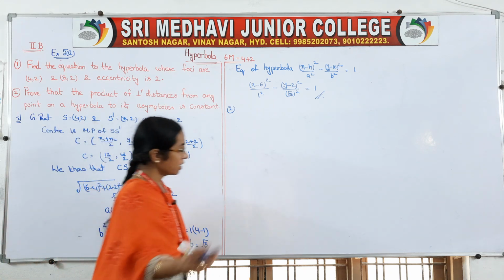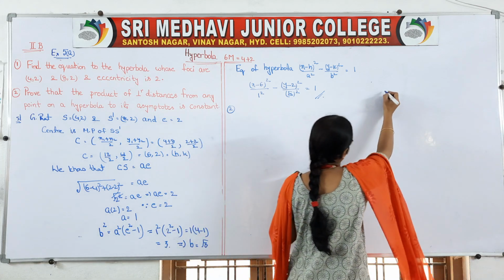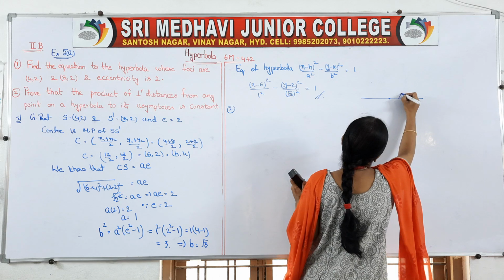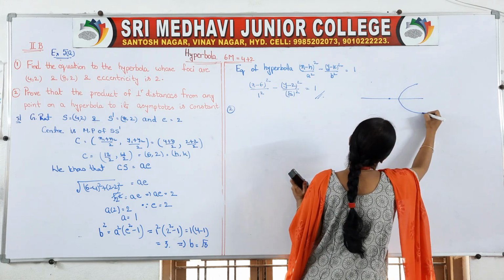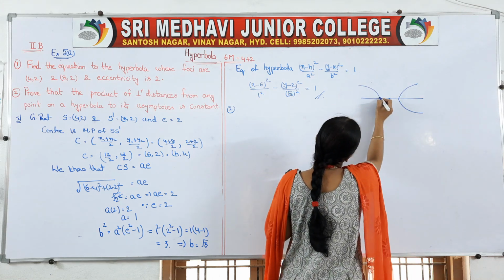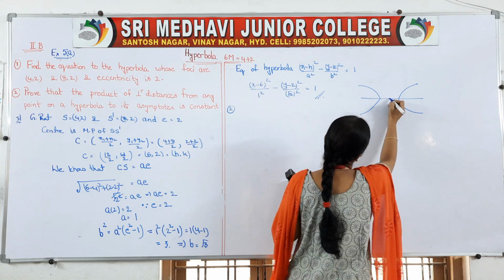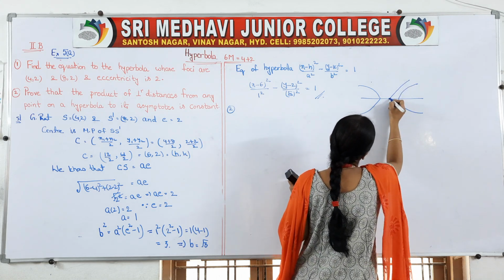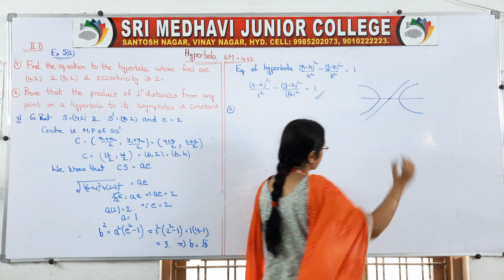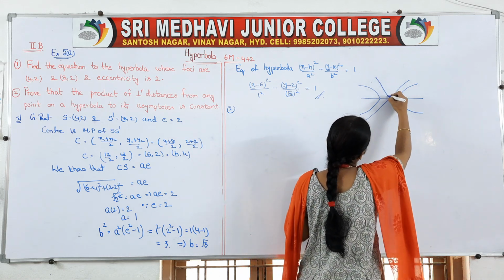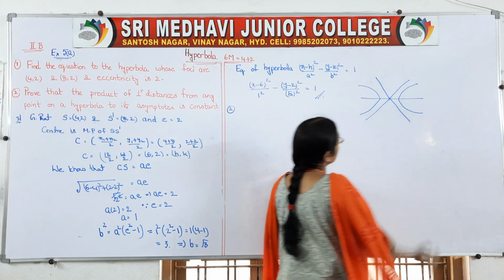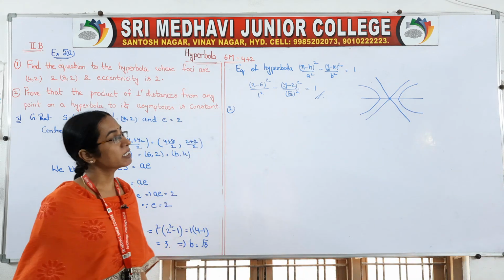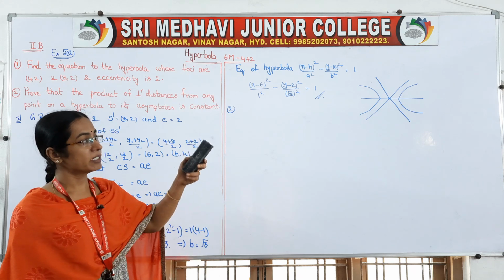First of all, what is the meaning of asymptotes? Suppose we are having the hyperbola like this, then two lines which pass through the origin and bisect the axis are called the asymptotes.